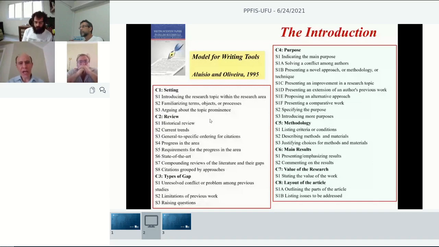Here, I should point out that this model was not conceived from the start. This model was inferred from the literature. So what my colleague Sandra Luiz did many years ago now, she analyzed a very large number of papers in physics, and then she identified which were the components and then the strategies, for all the sections of a paper.